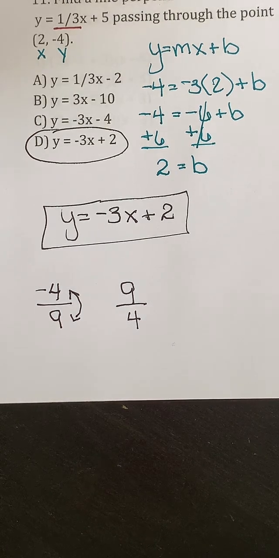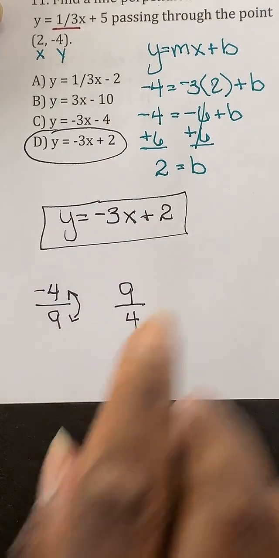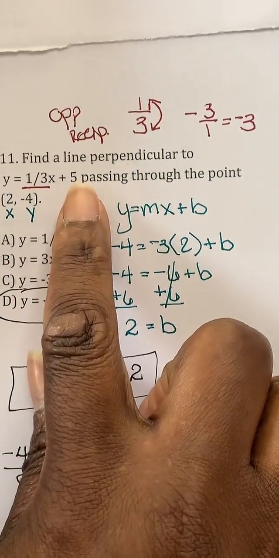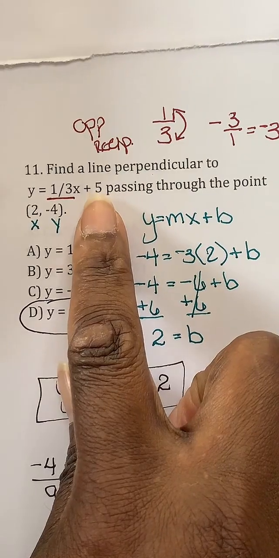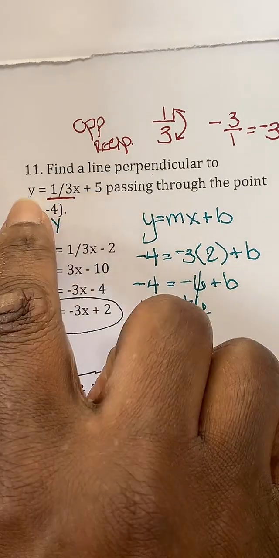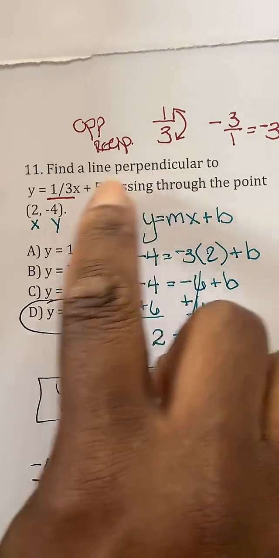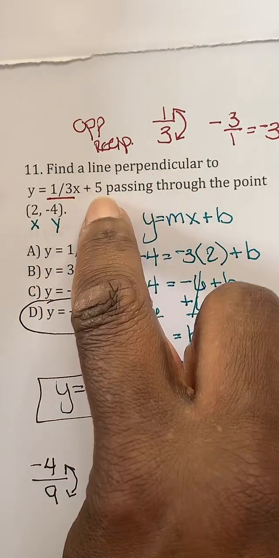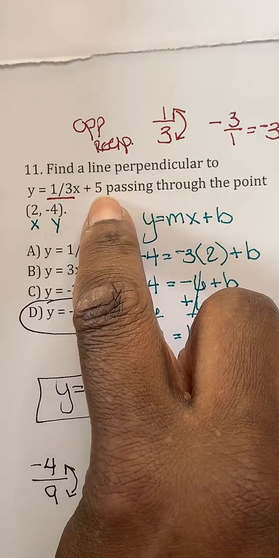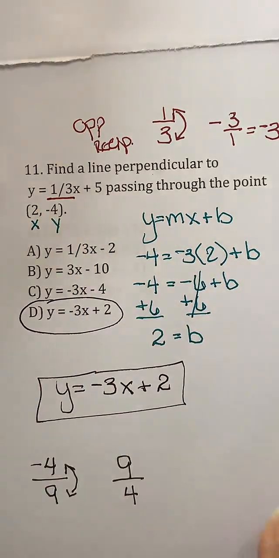What do we do with the 5? We don't do anything with the 5. Nope. Because we didn't need the 5. We don't want it to be exactly the same as the original equation. So this equation, and then we need another equation that is perpendicular to this. So the y-intercepts are not what we're really seeking. It's more so the slopes.